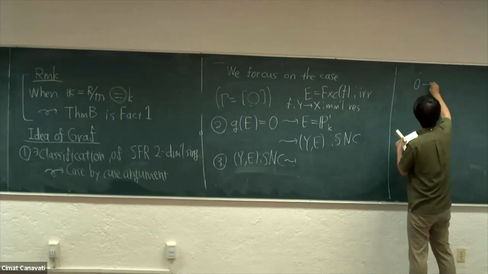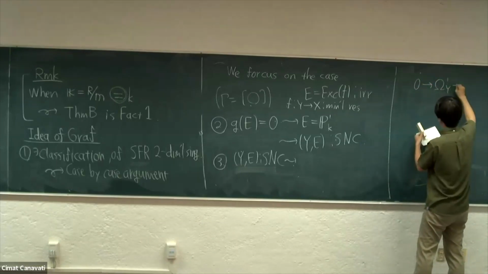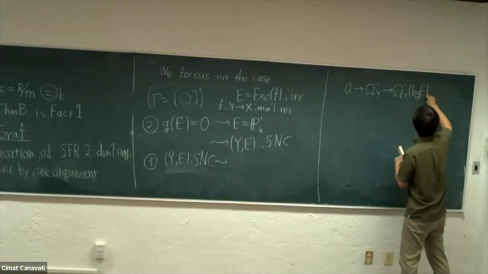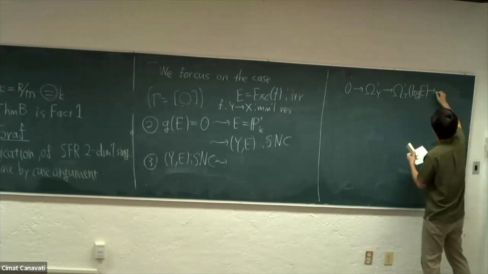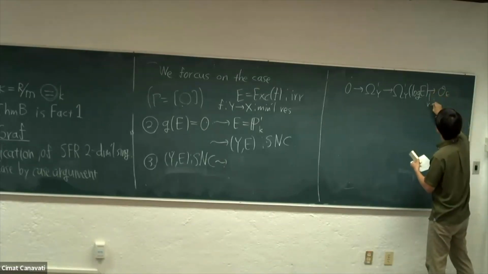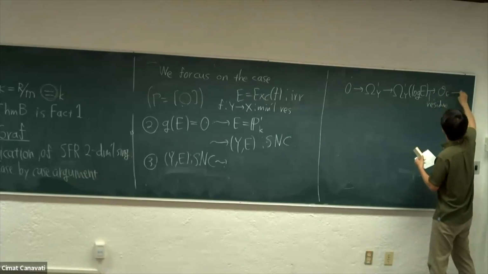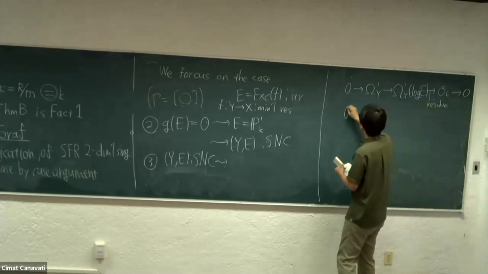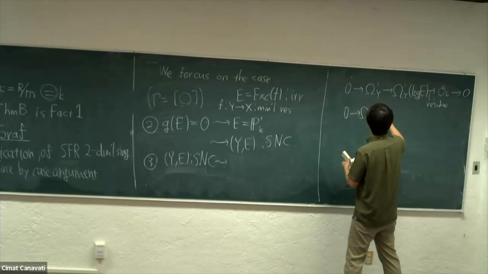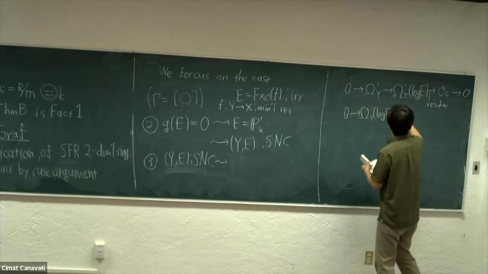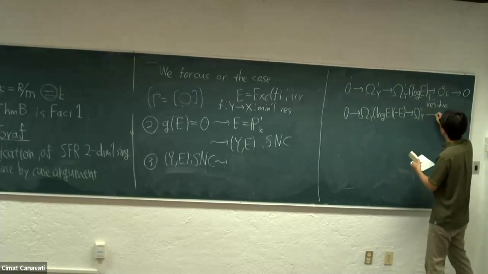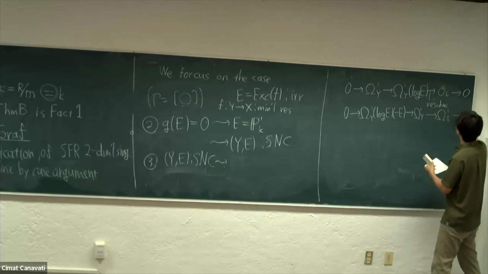Okay, so this is taking residue. Sorry, this is taking residue. Yeah, which is exact. And the other is the restriction exact sequence, which is like this: Omega Y1 to Omega E1 to 0.